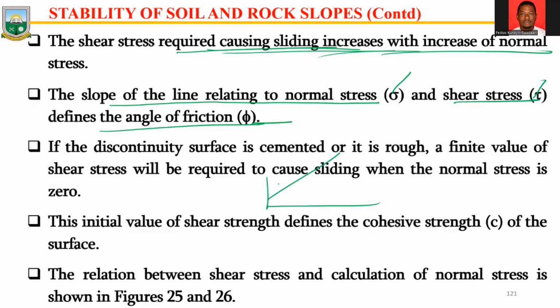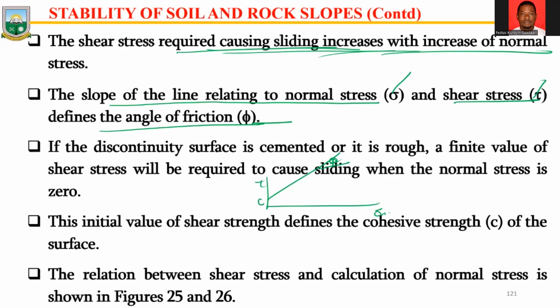So that is what we are referring to. So you need to know your phi here, which is the internal angle, you know this, and then your normal stress. These three parameters must be known, then finally you can get the cohesive force that exists within the material to avoid the sliding.